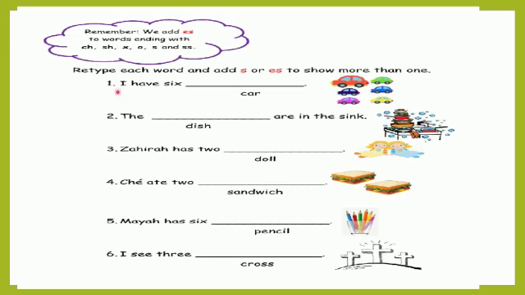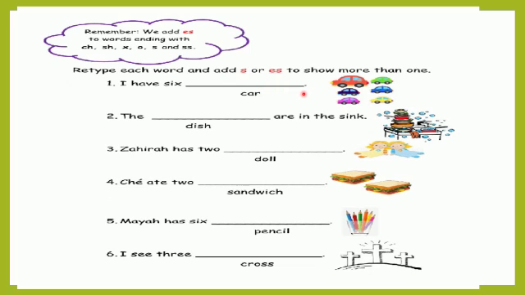Let us see one exercise here. Retype each word and add s or es to show more than one. Now, I have 6. The given word is car. So how many cars are there? 1, 2, 3, 4, 5, 6. So it is more than one car. So what will you write here?